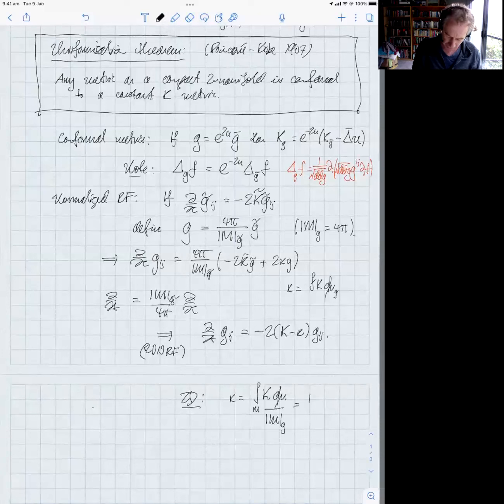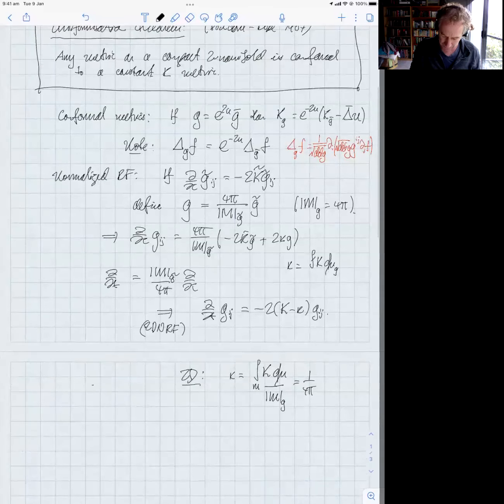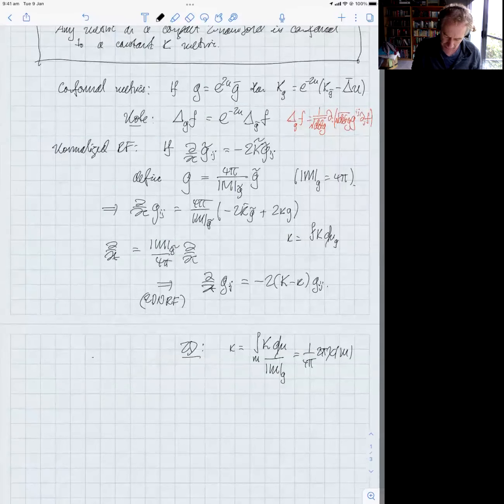We've imposed that the area is 4 pi, so it's 1 over 4 pi, and the integral of Gauss curvature is 2 pi times the Euler characteristic, right? Yeah. So in other words, kappa is just the Euler characteristic of M divided by 2.